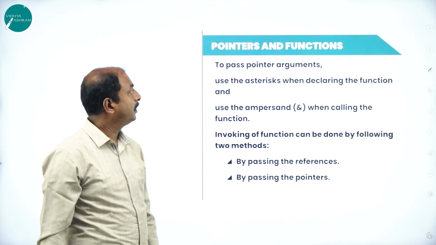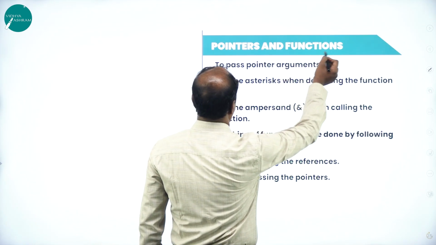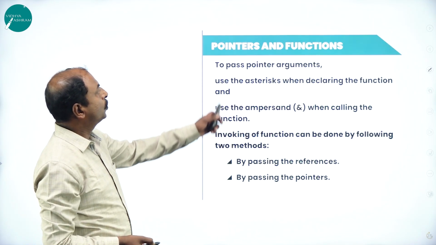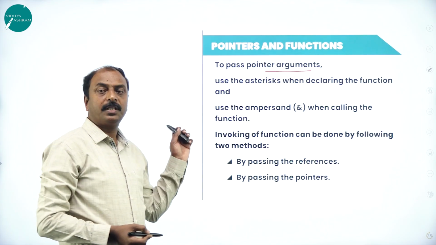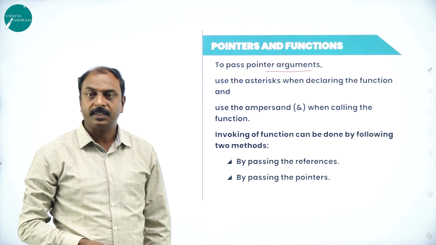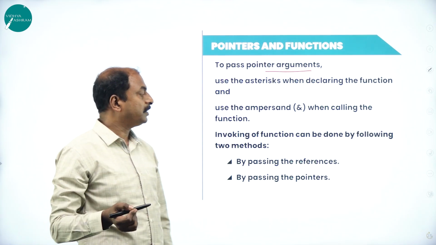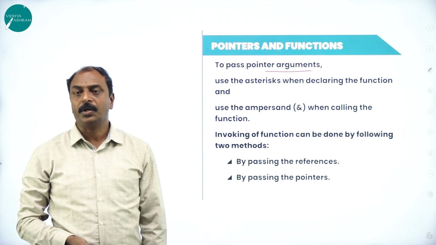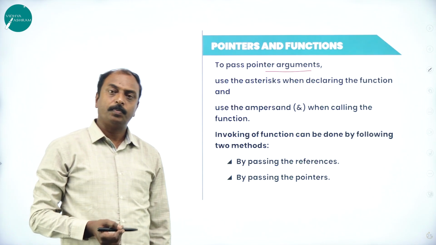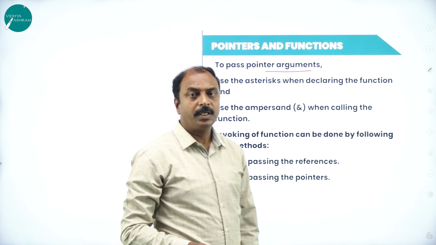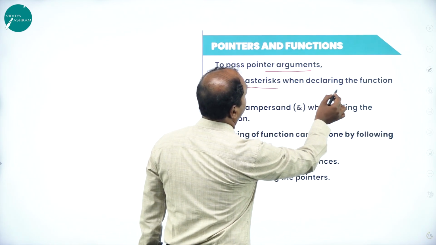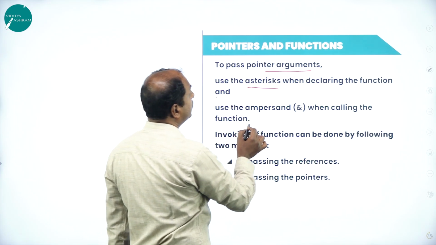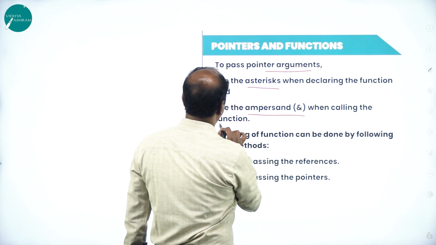Next concept is pointers and functions, and here, to pass pointer arguments. We have seen this in our previous slide with pointers and functions. Here it is possible to pass a pointer variable through a function argument. We use the asterisk when declaring the function and the ampersand when calling the function.